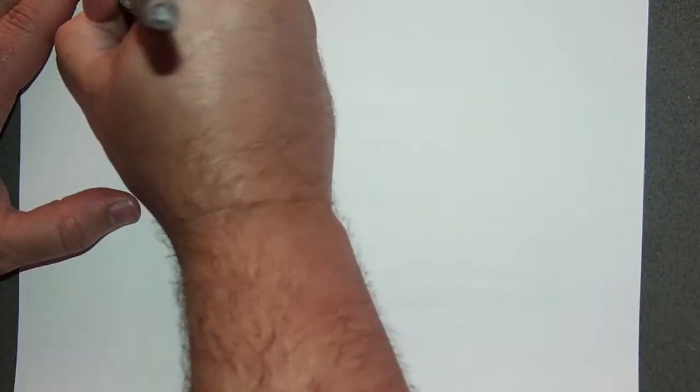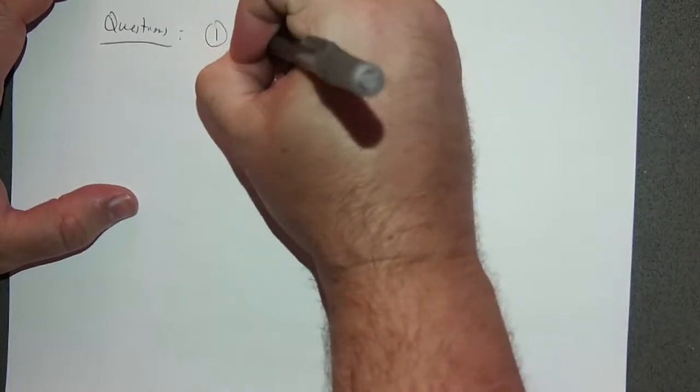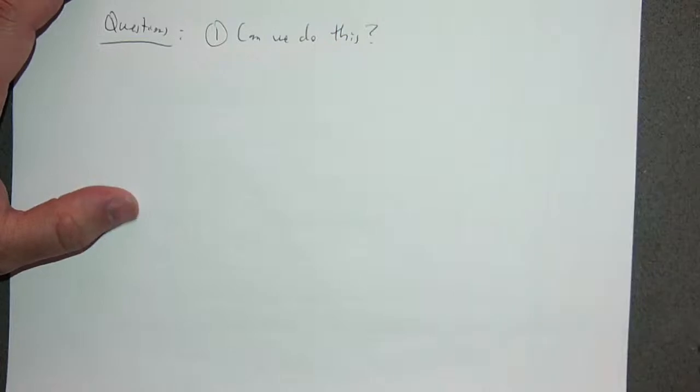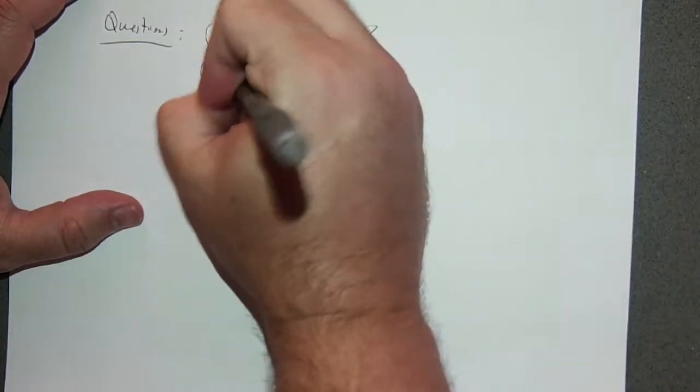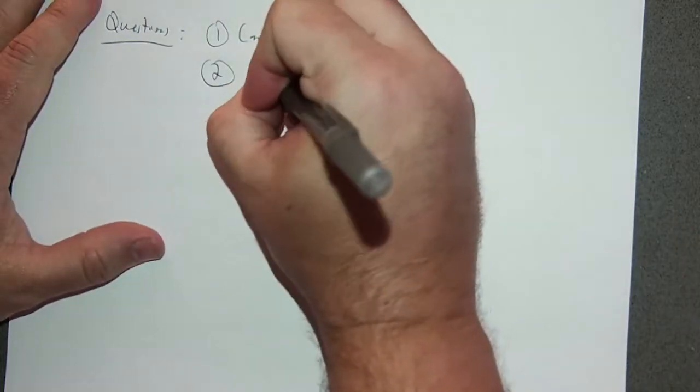So we have some big questions here. Can we do this? That's a big question, of course. Secondly, if so, how do I find the b sub n's?